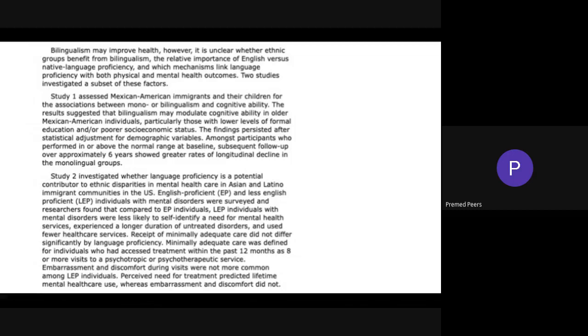Bilingualism may modulate cognitive ability in older individuals, particularly those with lower formal education and poor socioeconomic status. These findings persisted after statistical adjustment for demographic factors, and people who are monolingual showed greater rates of decline.